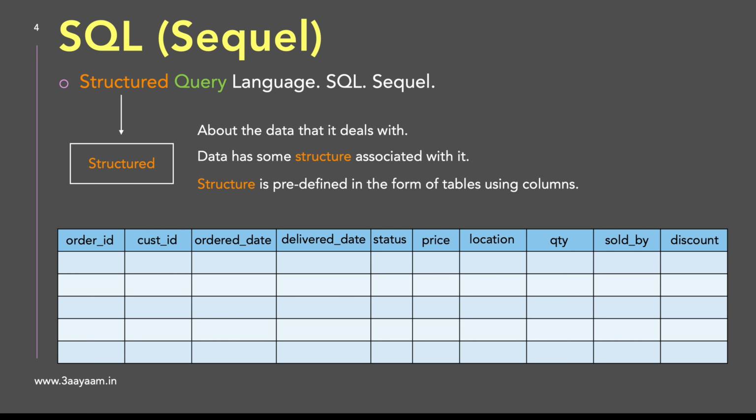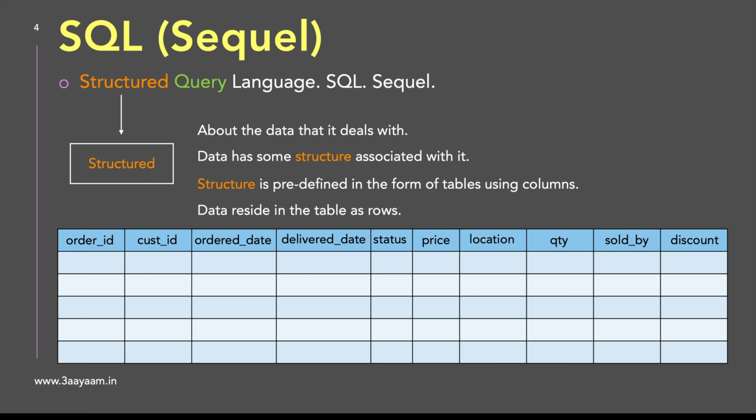So it's a very rigid structure. Before dealing with the data, we define the structure of the data, and throughout the life cycle of this object, which is known as a table, the structure would be the same. Of course, we can add columns, remove columns, etc.